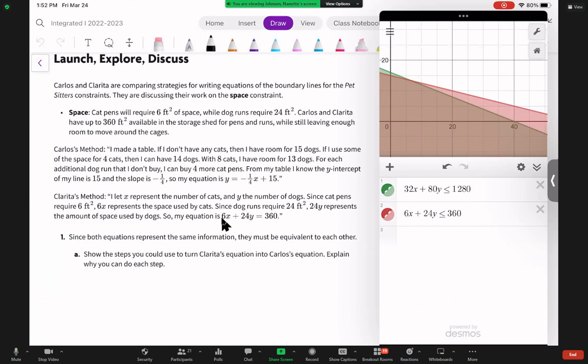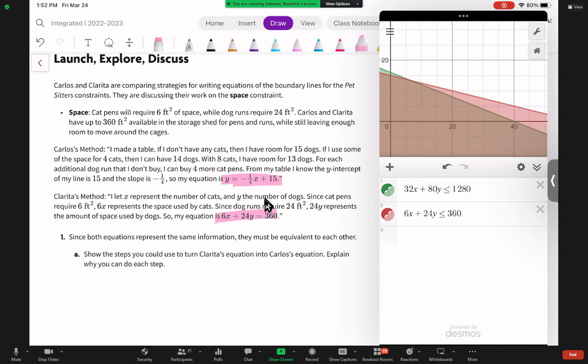So they want you to take this equation and turn it into this one. This is where we're going to pause. Here's what I'm proposing: these two equations are the same. But Miss Johnson, they don't look the same. I know. This is like the $20 bill, and this is like two tens.